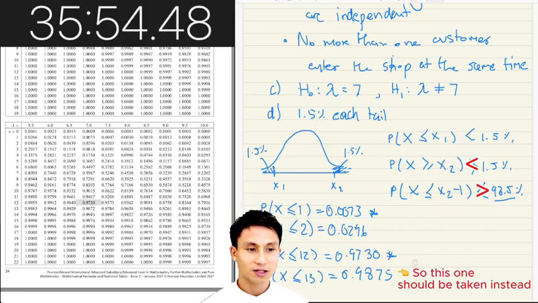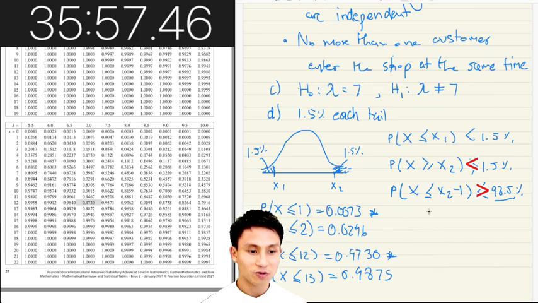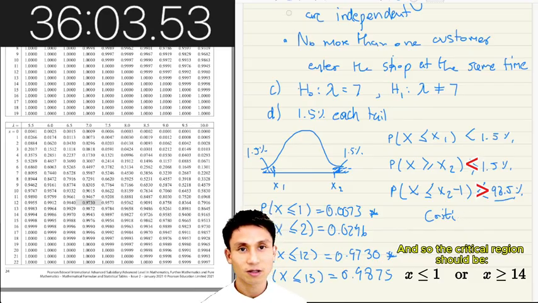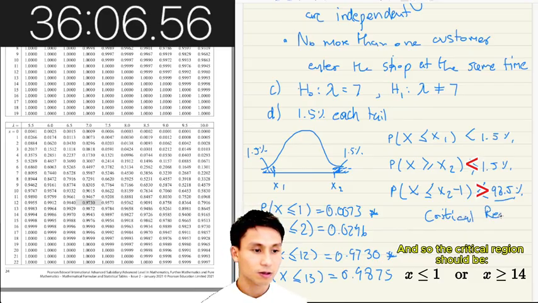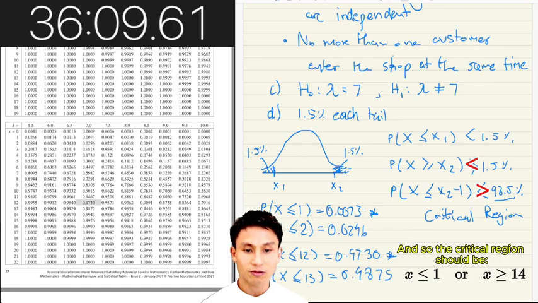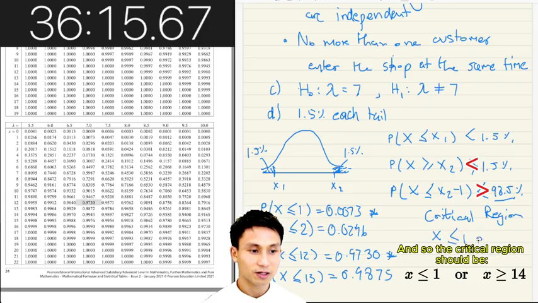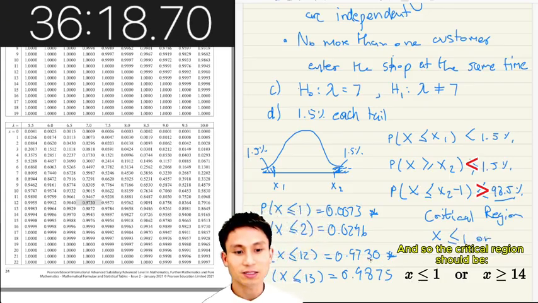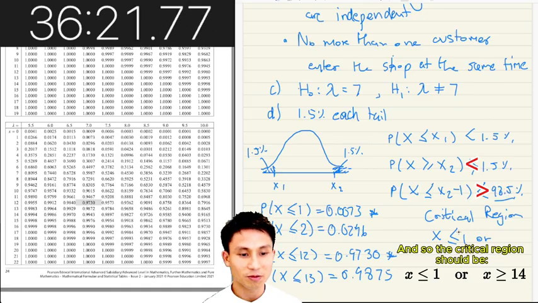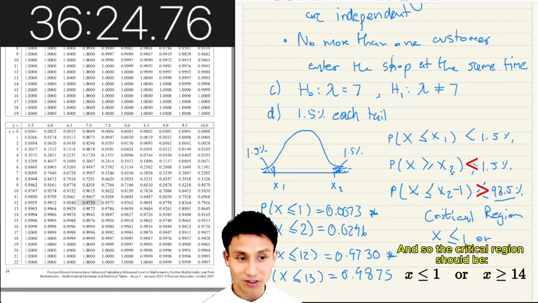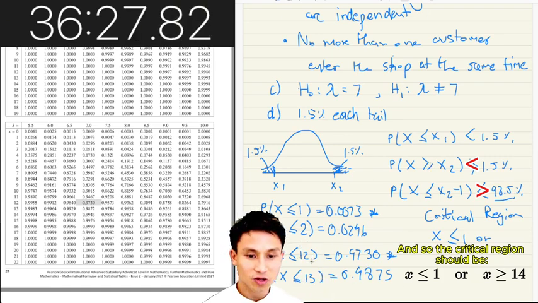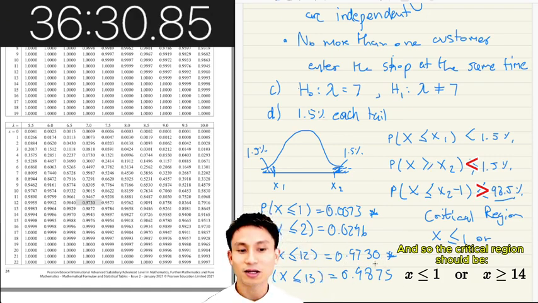When you write the critical region, the left one can be taken directly because we don't need to flip the sign, so that's fine: x less than or equal to 1. For the other one, because this percentage is less than 98.5%, we have to flip to the other side, so you add 1 to this number.